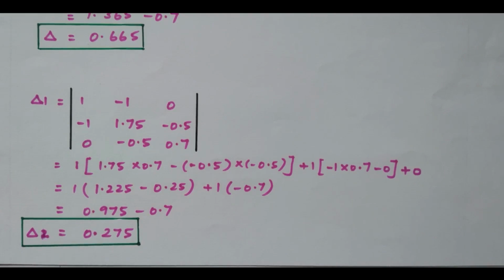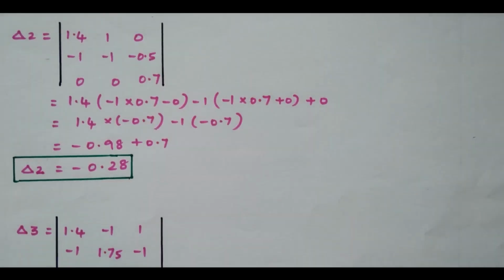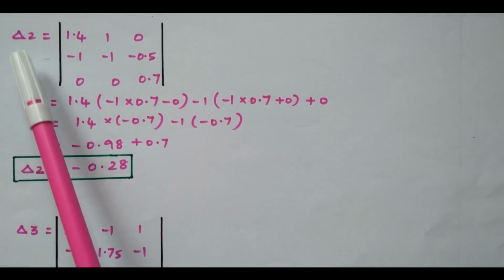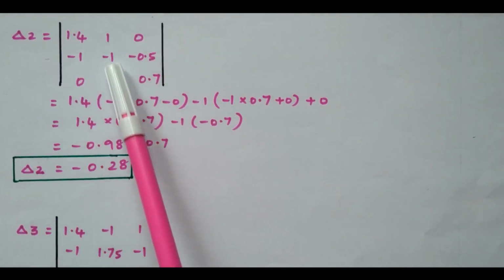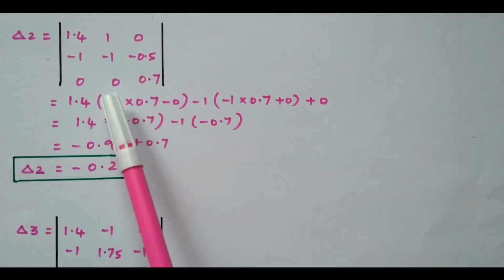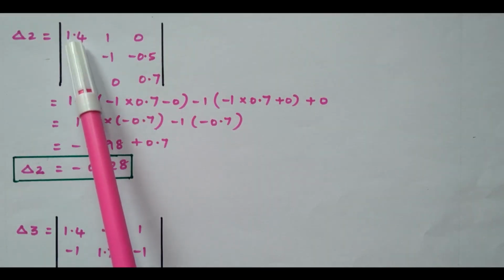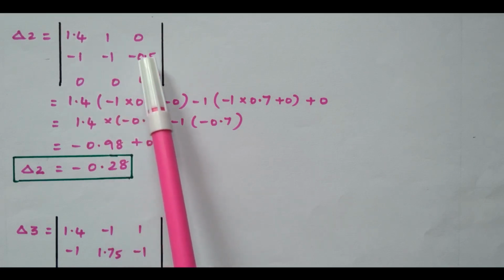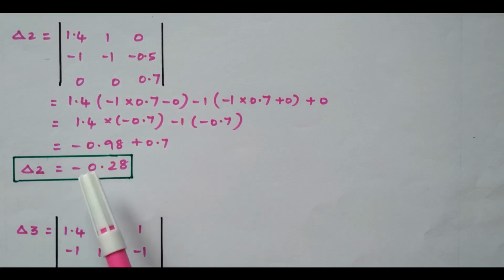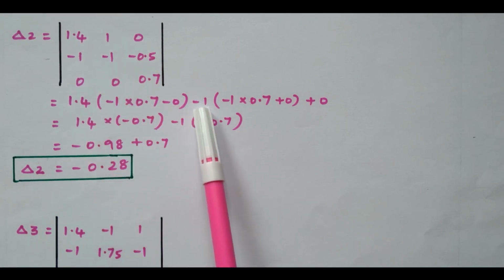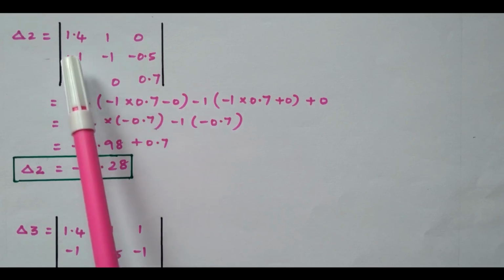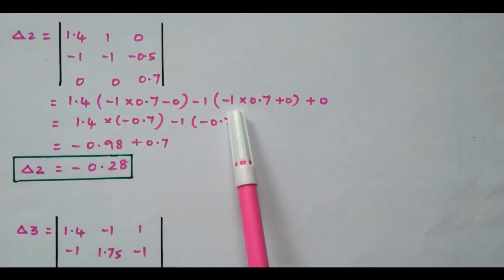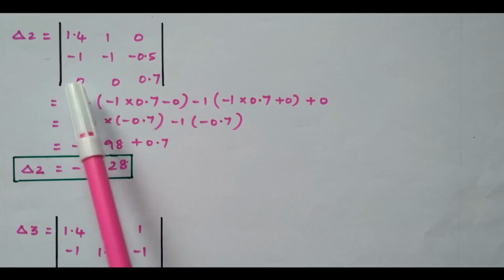Now we'll go to the delta 2. Delta 2 means the second column is replaced by the current matrix. Right. Now 1.4 into minus 1 into 0.7 minus 0.5 into 0, so that becomes 0. The second time normally we'll put minus. Then 1 into 0.7 minus 1 into 0.7 minus these two values while multiplying is 0.